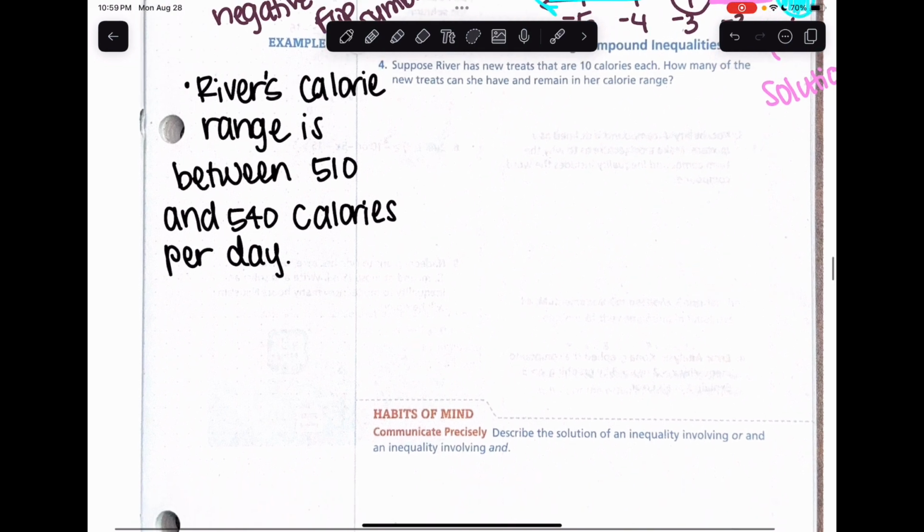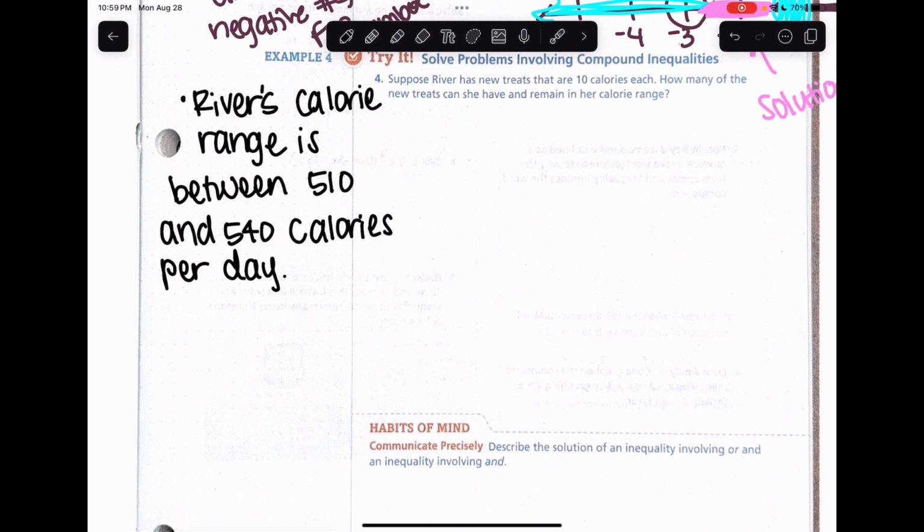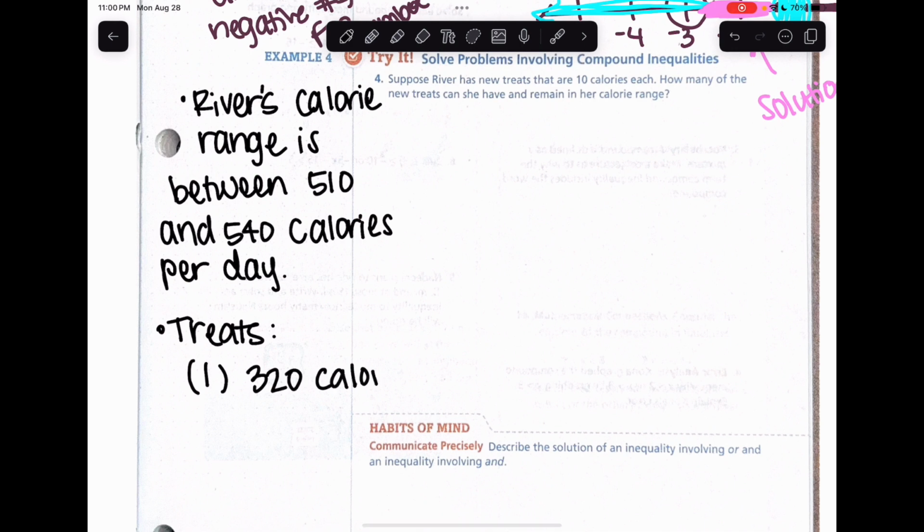Another thing you need to know is the treats that she actually has. So the treats. The first treat comes in at 320 calories per serving.